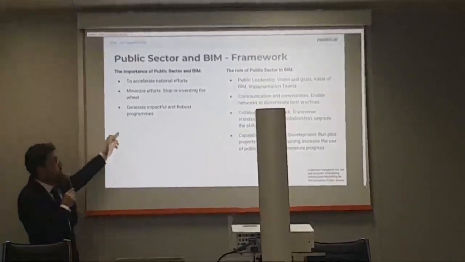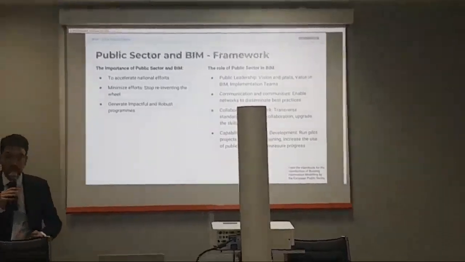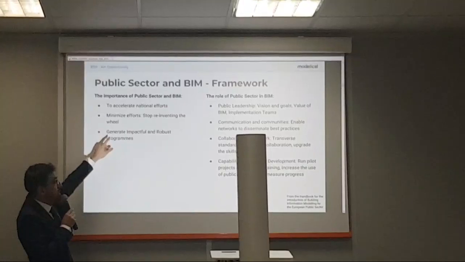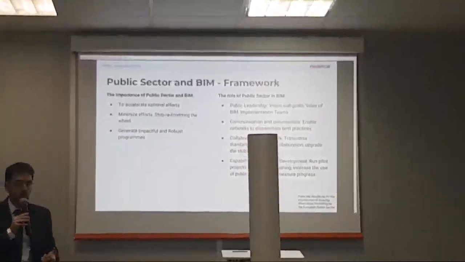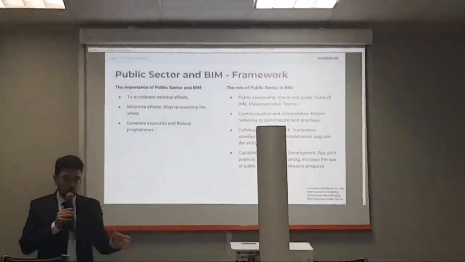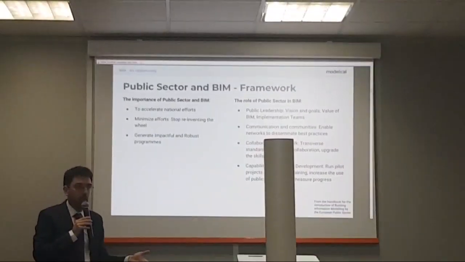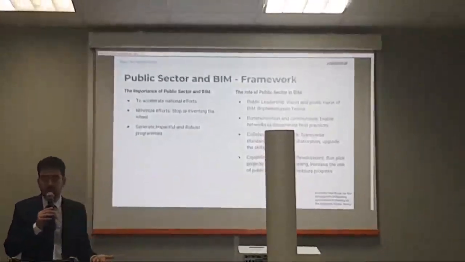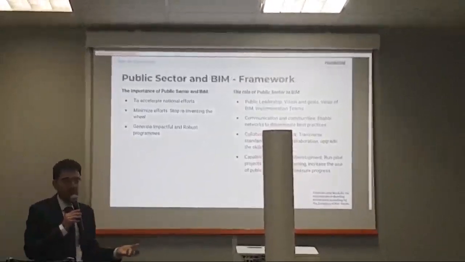This is the importance of the public sector to accelerate national efforts. How? By sharing knowledge, minimizing efforts by stopping reinventing the wheel. This means let's try to find some standard that fits for all, but let's stop creating new standards. You know that joke that there are 34 standards.